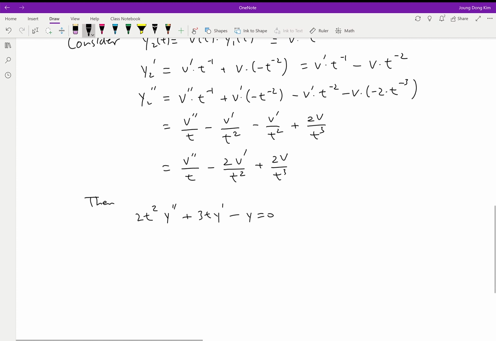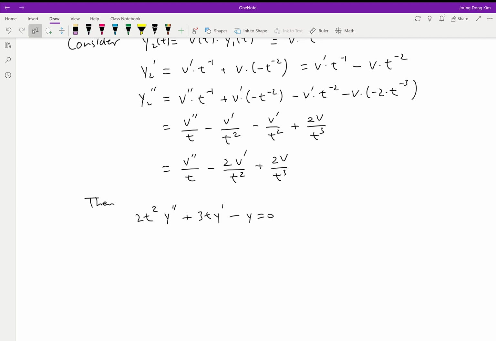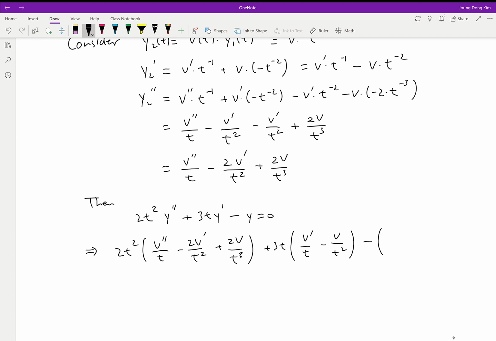Plug in all the y2 prime and y2 double prime. t squared times y double prime, which is v double prime over t minus 2v prime over t squared plus 2v over t cubed, plus 3t times y2 prime, which is v prime over t minus v over t squared, and minus v over t.